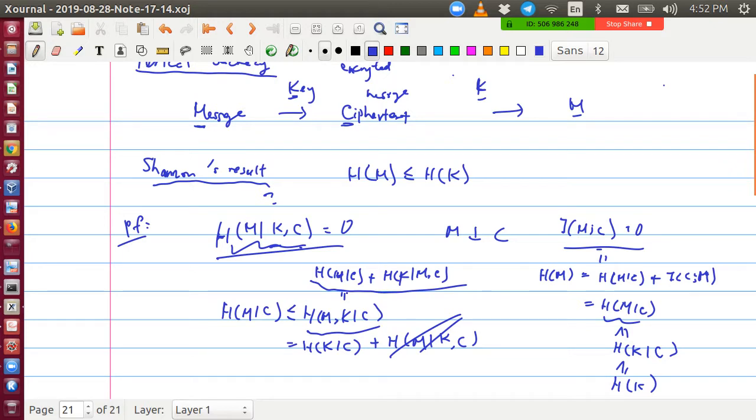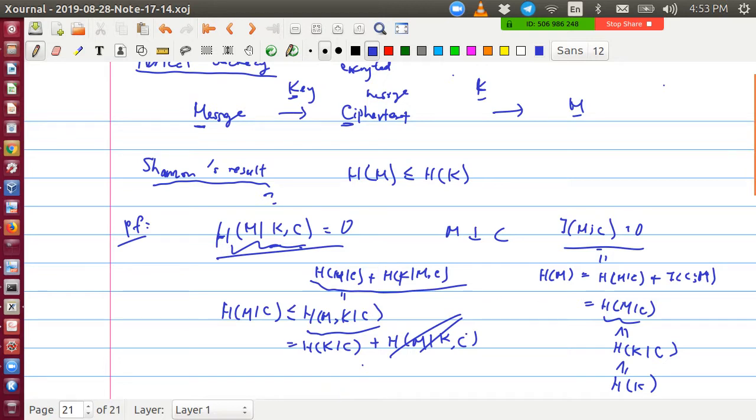Because this one is equal to that, therefore H(M,K|C) is bigger than or equal to H(M|C) here. And then I can expand it the other way: it will be H(K|C), but H(M|K,C) here, and that's 0.